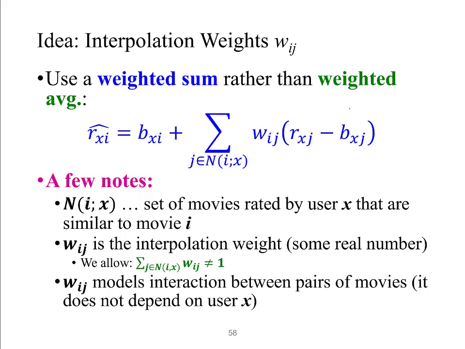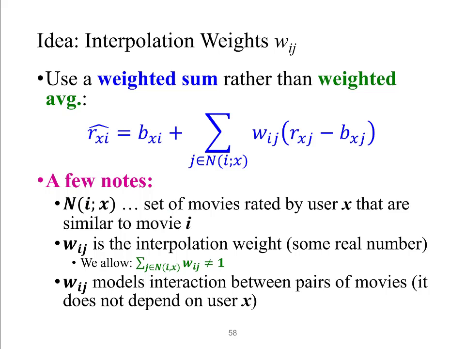It is just a weighted sum of the deviation of the ratings of user x and item j over the baseline estimation.